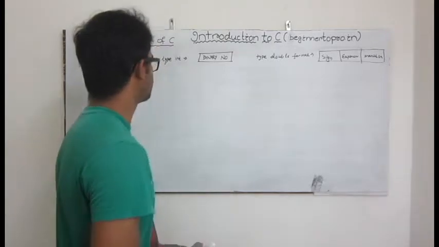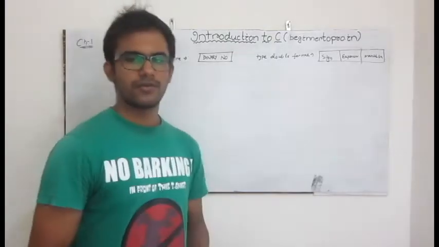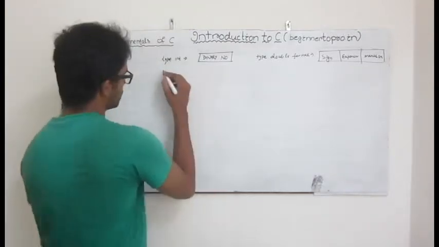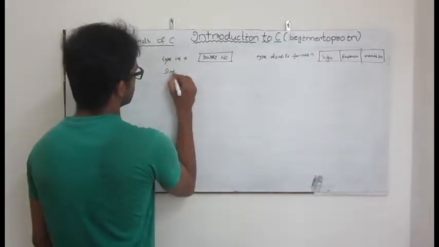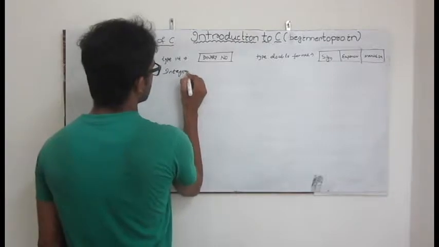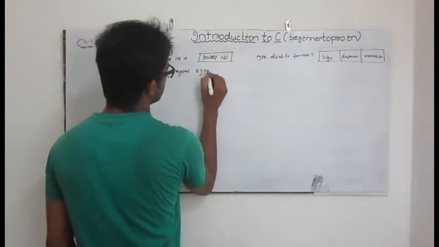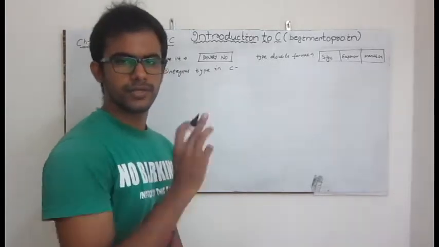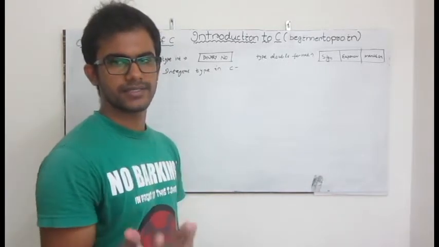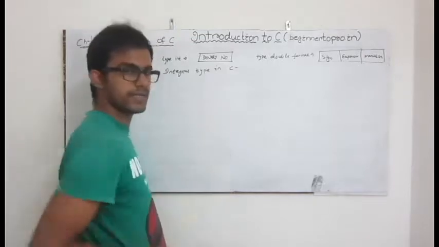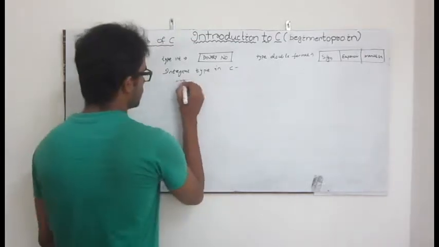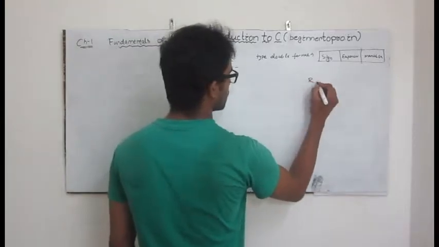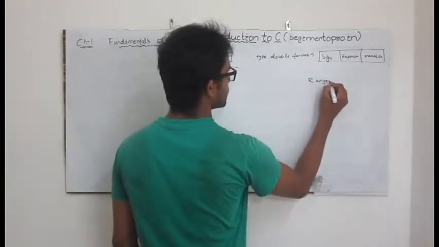Now we'll see what are the integer types in C. Integer types in C. So it's this side type and this side, I will write the ranges. Type and ranges.